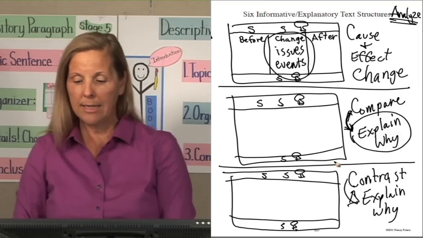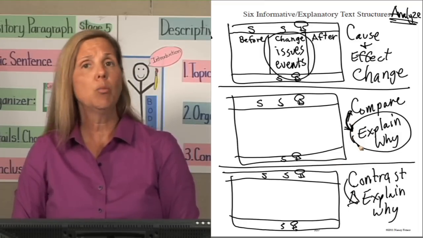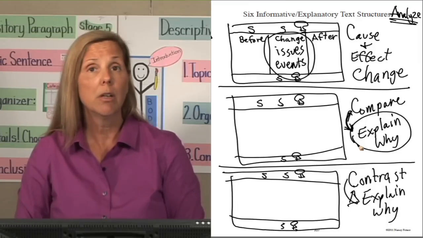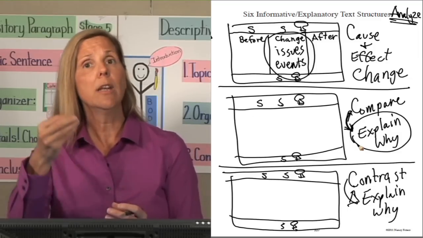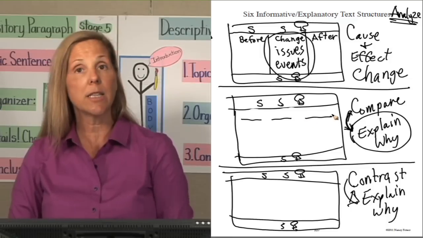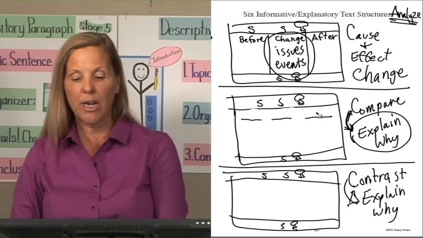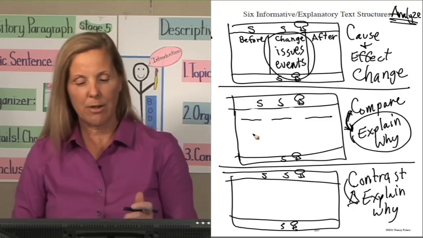If I go back and I look at compare and I explain why Cinderella and Cendrillon had many similarities, that's why they were rewarded. When we compare, we have to identify attributes, so I'm going to draw lines in the middle for each attribute or characteristic that I'm going to choose in order to make that comparison.